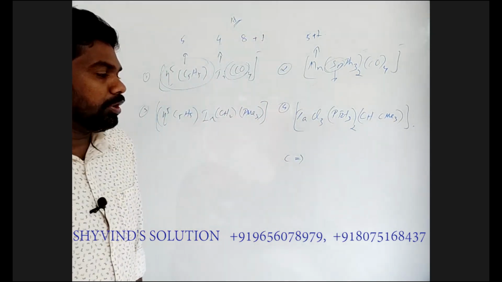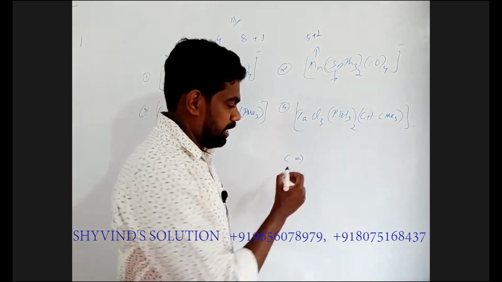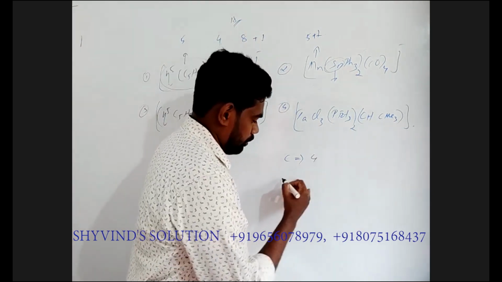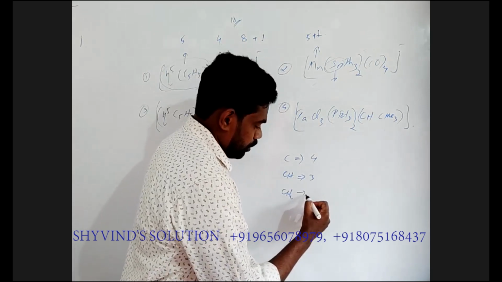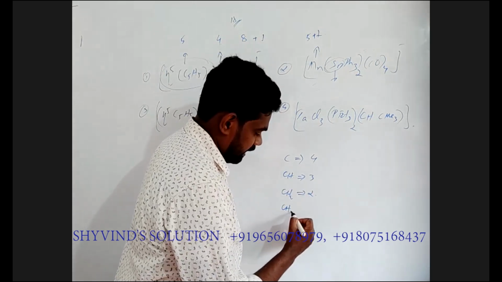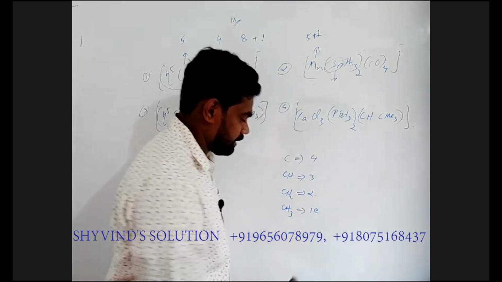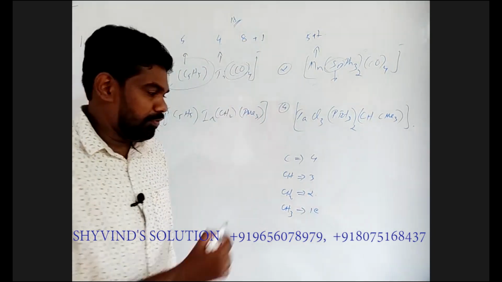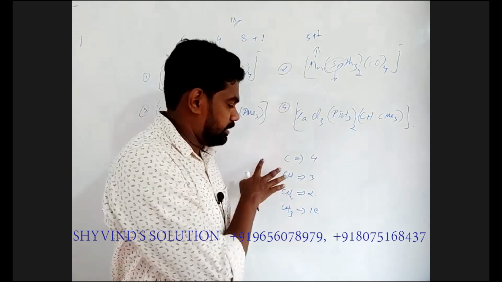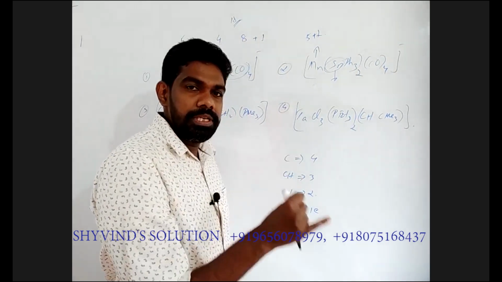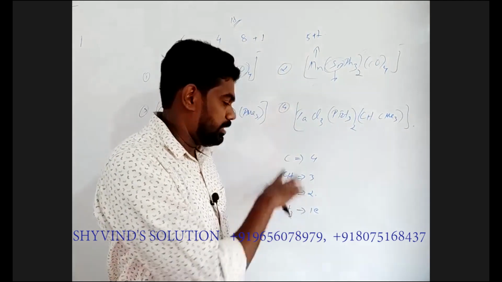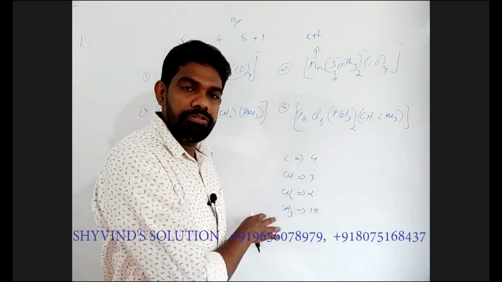The electronic contribution of carbon: if carbon is as such, it is a 4 electron donor, CH3 is a 3 electron donor, CH2 a 2 electron donor, CH a 1 electron donor. That is how we should go for carbon. Apply the same idea for the carbon family: carbon, silicon, germanium, tin, lead all have the same property as carbon.